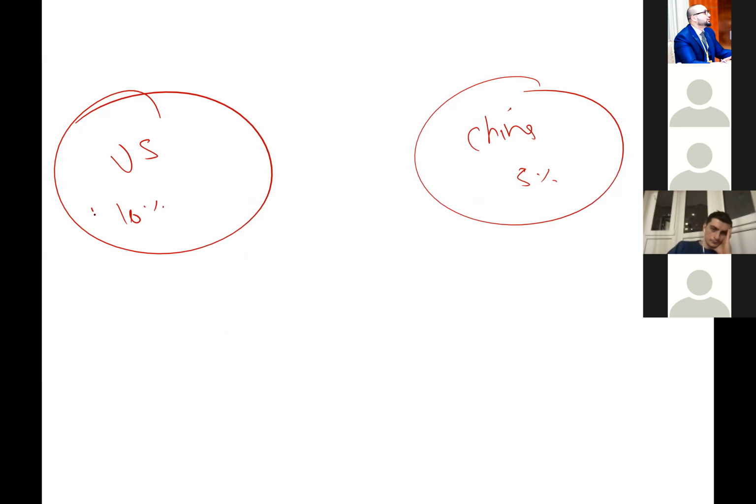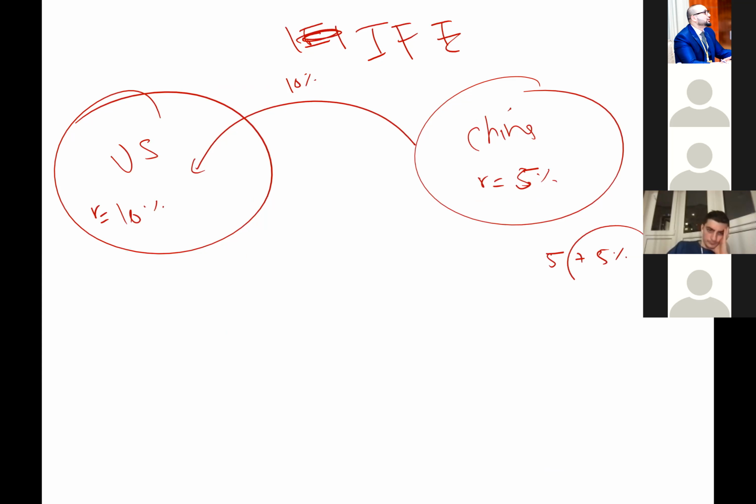So these are the interest rates. Let me just denote it with R. If in China the interest rate is 5% and in the US it is 10%, the international Fisher effect says that if you just see the interest rate and bluntly invest in this country to capitalize on this 10%, so you want to earn this extra 5%, and you say, okay, I will be earning this extra 5% and my return is going to be 10%, and I am here in China.